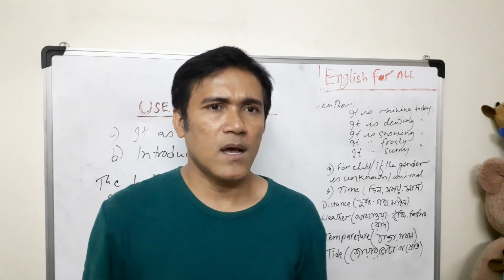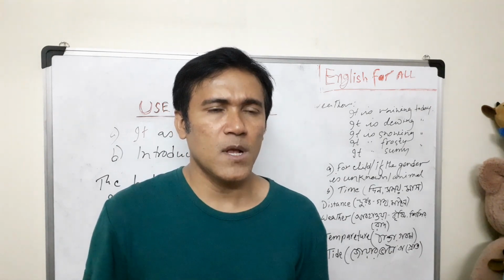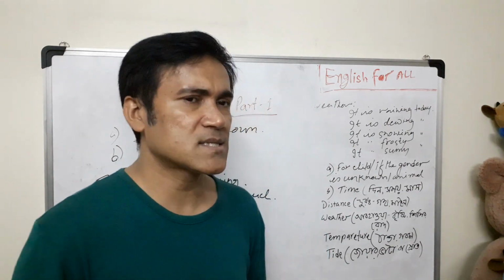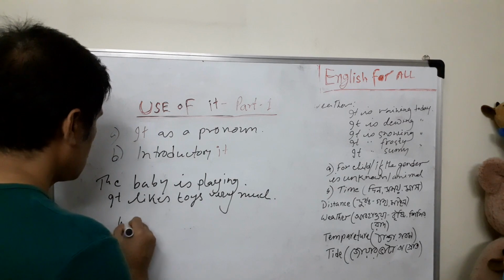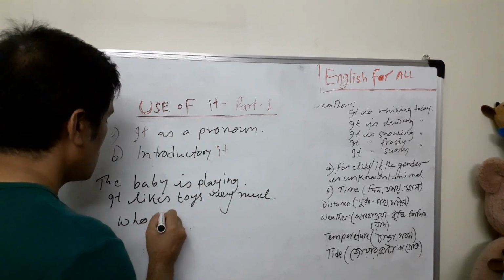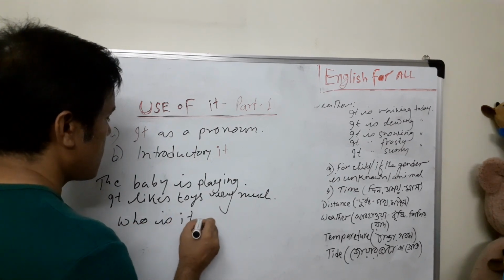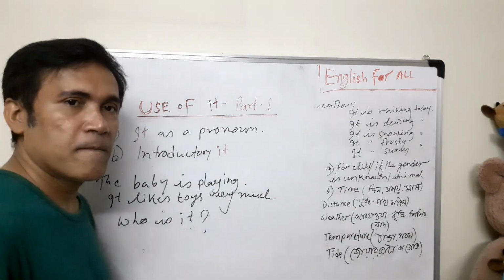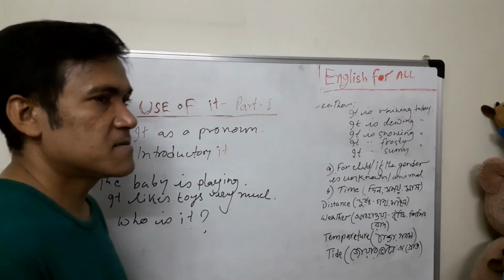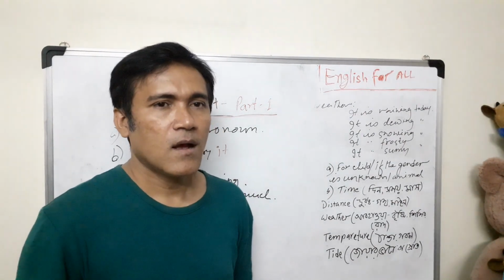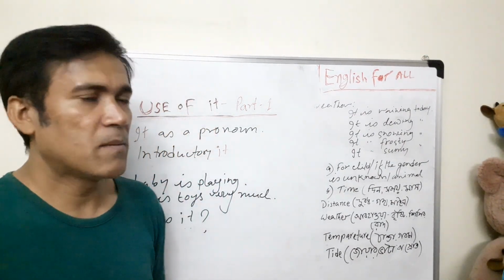If you want to know this person's identity, then you can ask in this way: who is it? Who is it? আপনি কে? Then answer should be it is Sami, or it is Rima, blah blah blah.